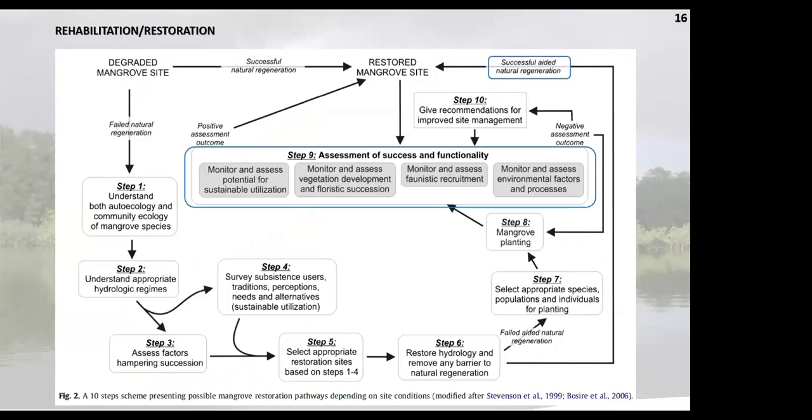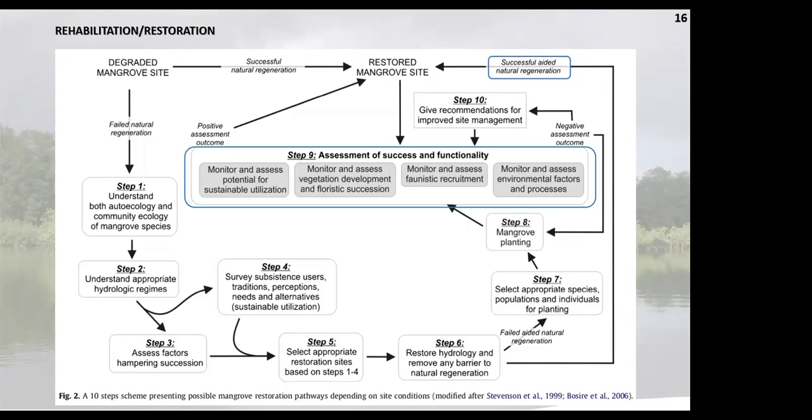Okay, then if the hydrological restoration that you perform promotes the regeneration, you have a mangrove in course of natural recovery. And so the next fundamental step is to assess the success and the return of the fauna groups that are important for the functionality of mangroves. You need to assess and monitor the sustainable utilization that this mangrove can provide.